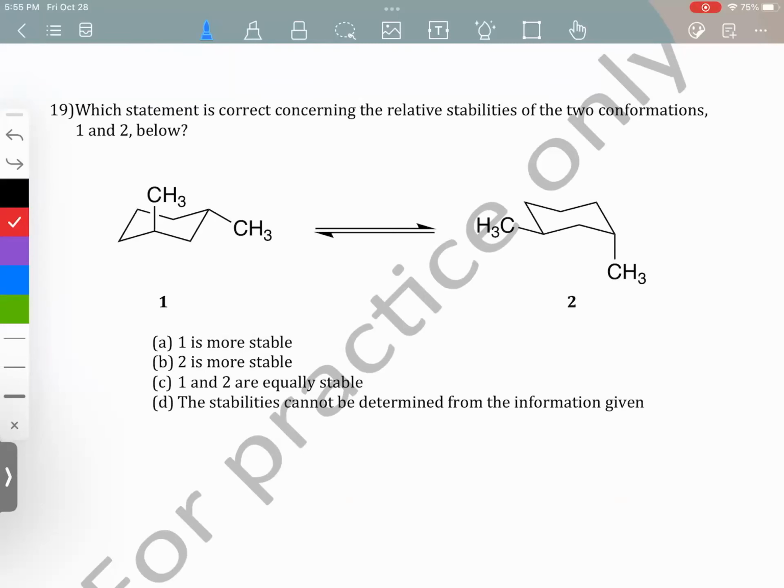Which statement is correct concerning the relative stability of the two conformations 1 and 2 below? In both conformations, we have a methyl that's going equatorial and a methyl that's going axial. They both fall on the same carbon, of course, because what's happening here is a ring flip. And they're both facing opposite from each other, so that means they're trans.